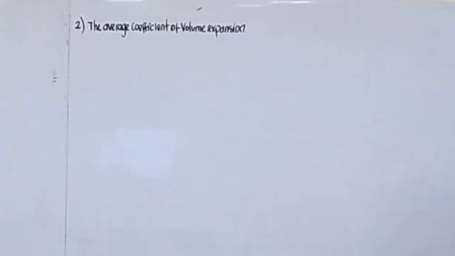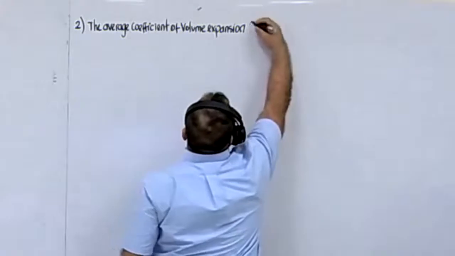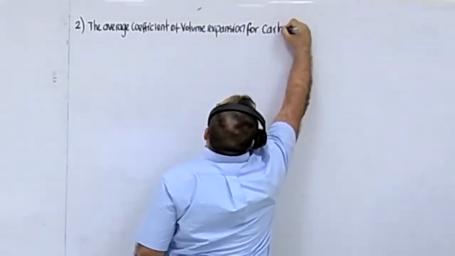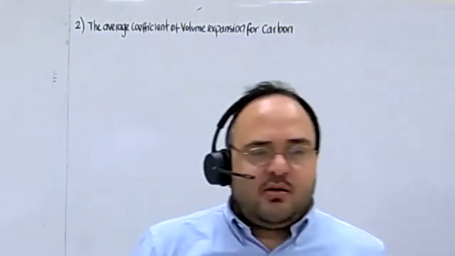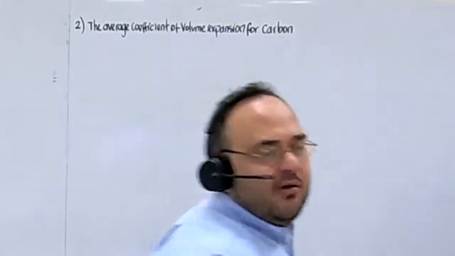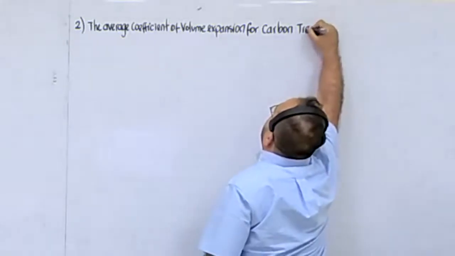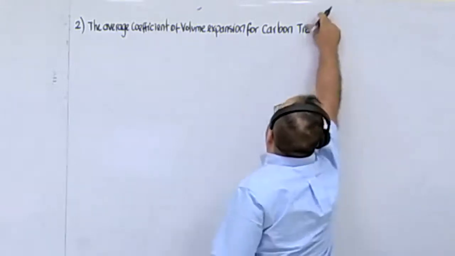Okay, continue. The average coefficient of volume expansion for carbon tetrachloride, I guess this is the right pronunciation. We have to ask Ms. Avelari what that means, because I have no idea.